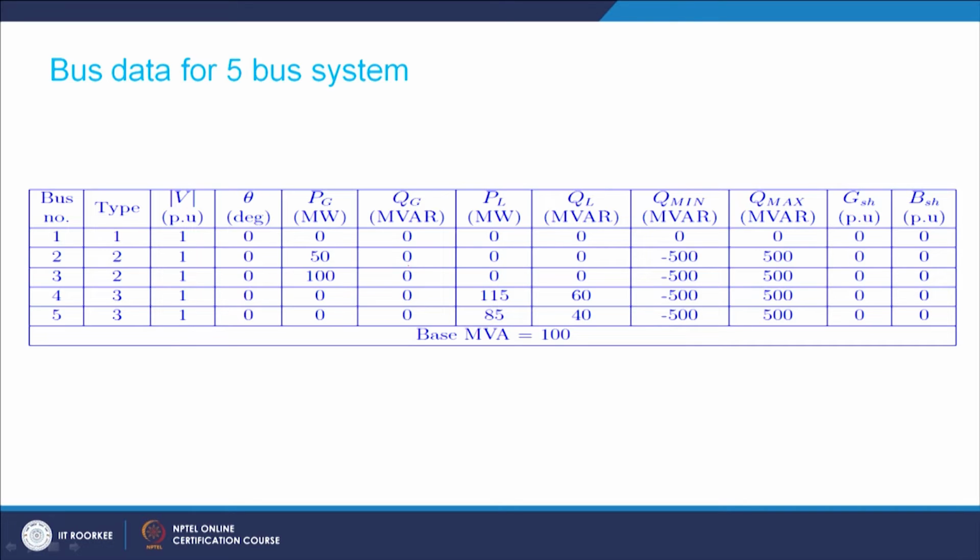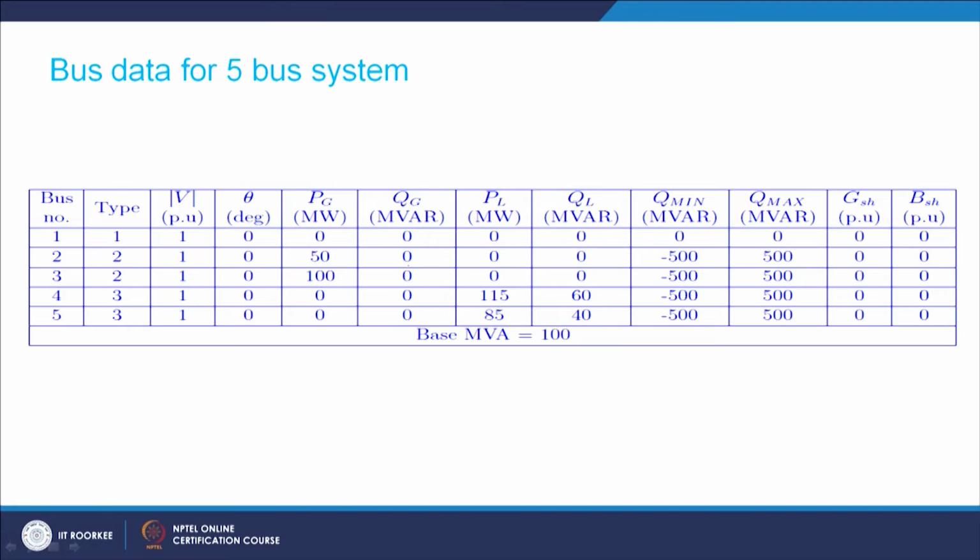Similarly, injected real power at bus 5 would be minus 0.85 pu. Similarly, injected reactive power at bus 4 would be minus 0.6 per unit, and that at bus 5 would be minus 0.4 per unit.